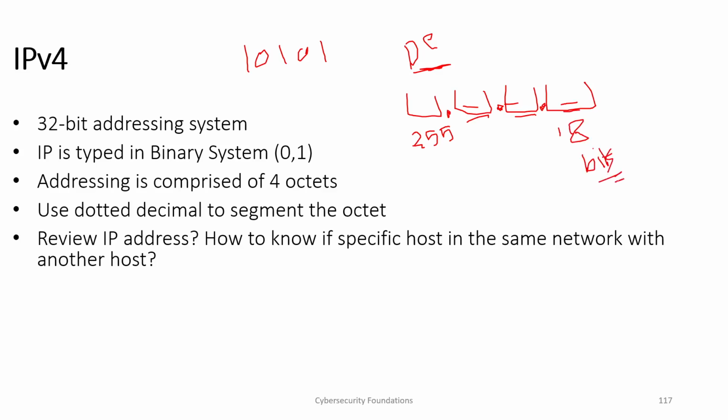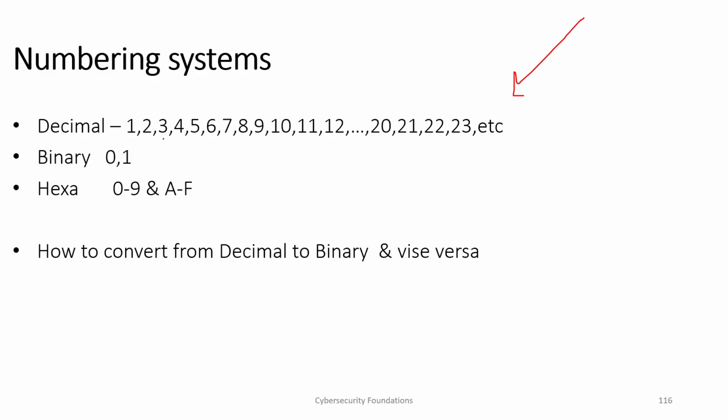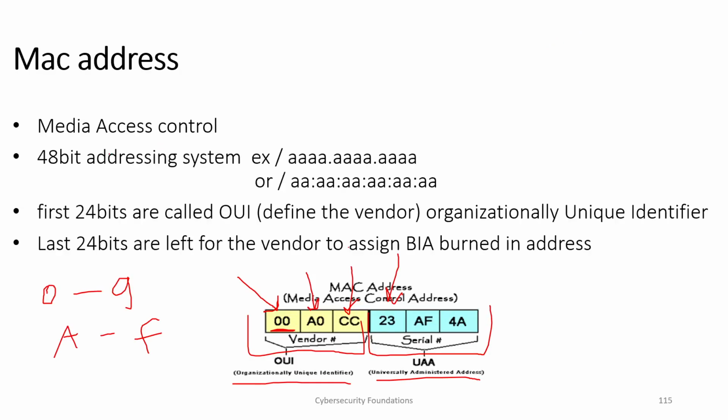And these 8 bits, when we evaluate the possible decimal values related to it, can be only up to 255. Do you remember from the last table? So that's why an IP address is called a 32-bit addressing system, while the MAC address is called a 48-bit addressing system.